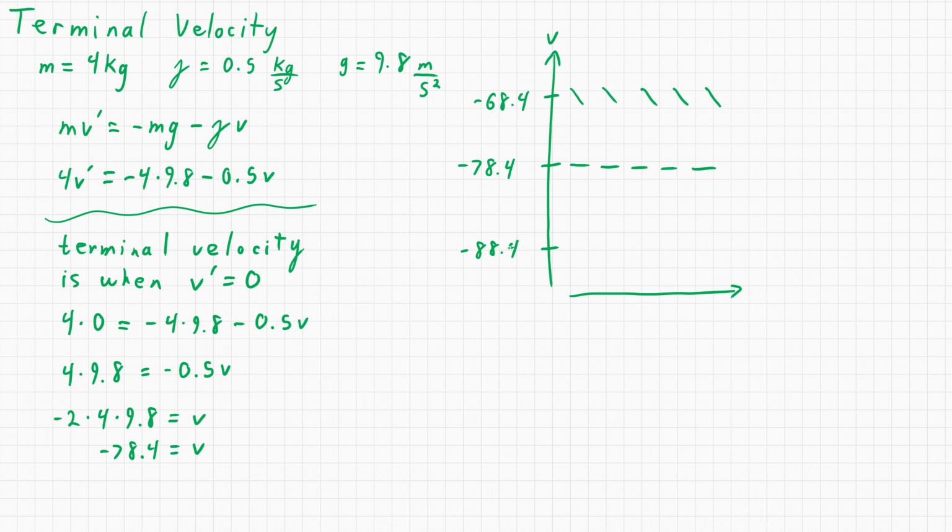You put negative 88.4 into here, you're going to end up with a positive v prime. So that's going to be when the negative 0.5 times negative 88.4 is going to overcome the negative 4 times 9.8. These are going to be upward lines. And then they will get a little bit shallower as you get closer.